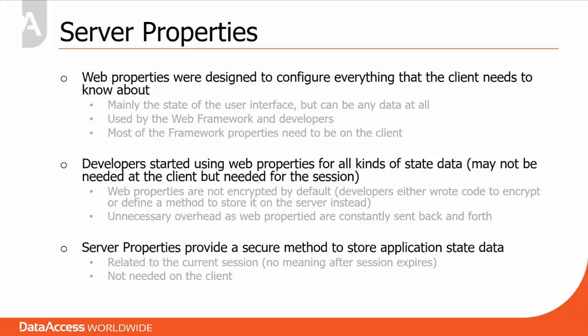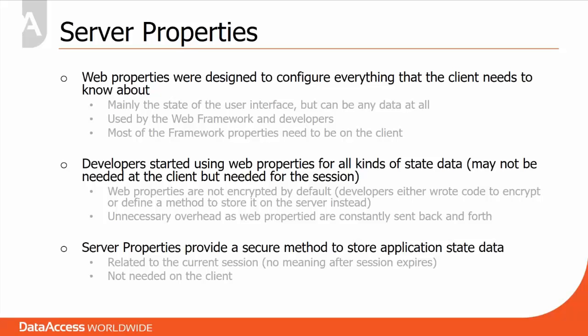So they would either roll their own method to encrypt that data because maybe it was sensitive, or maybe they didn't encrypt it because it wasn't. Or they made a way to keep it from having to use a web property at all, and they stored it on the server instead and maybe added it to the session table or something like that. But essentially you had to build your own thing.